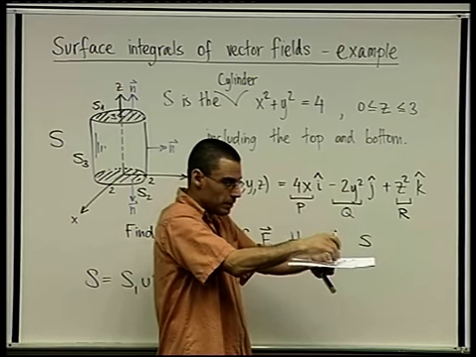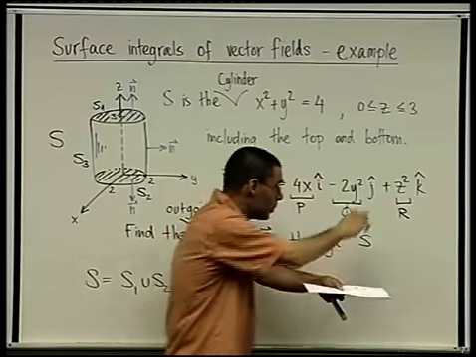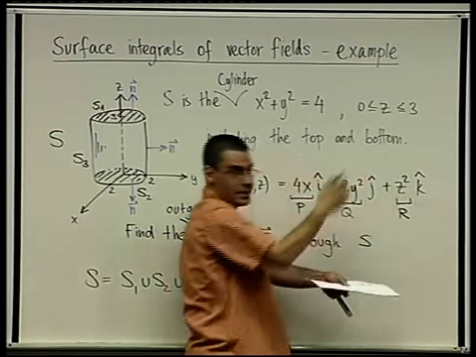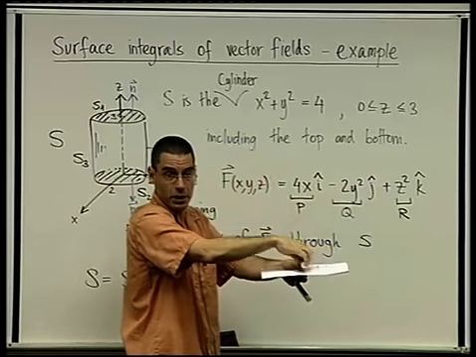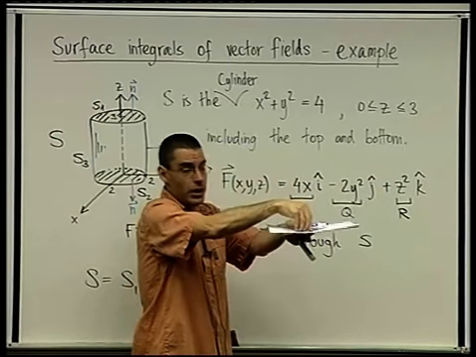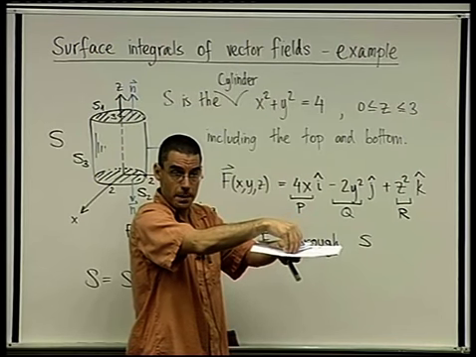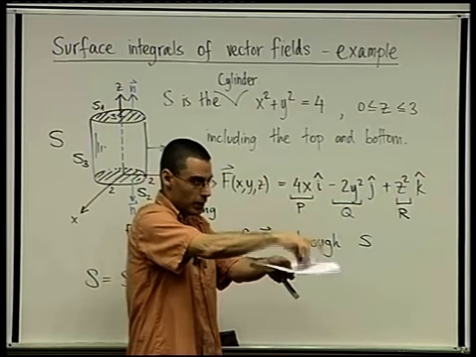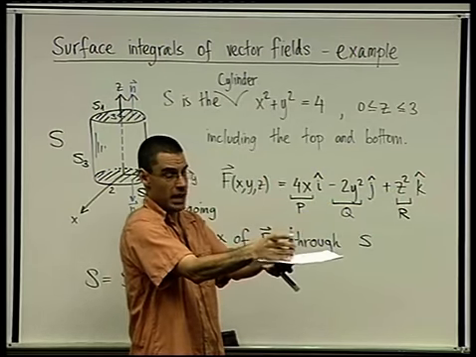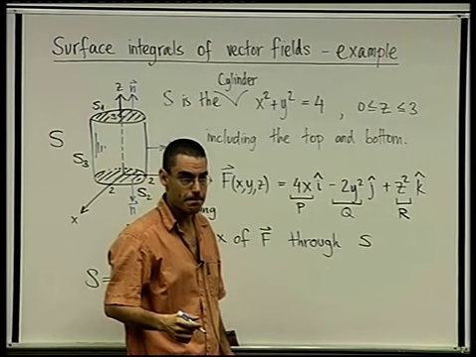That's the only component that contributes to the flux. But at z equals 0, it doesn't have a z component, so the field on the xy plane is pointing parallel to the surface, so it doesn't contribute to the flux. Clear? If you were to draw these little arrows down on the xy plane, they would all be sitting like this. They won't have a z component, therefore they won't contribute to the flux. Is that clear? Good?